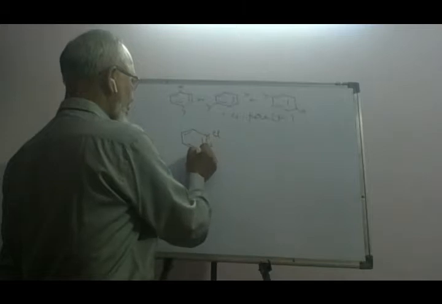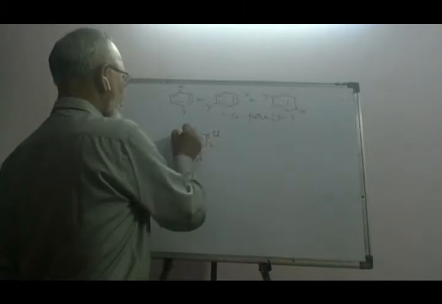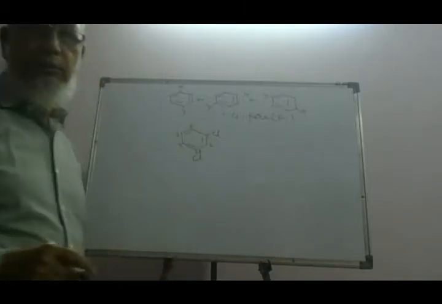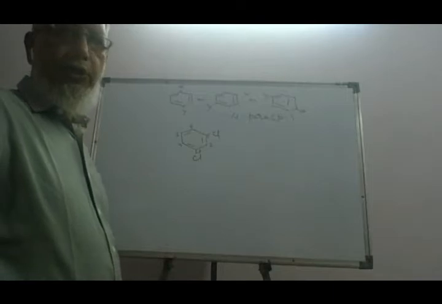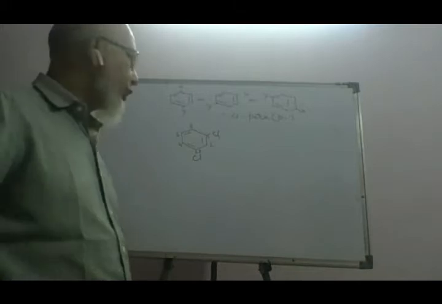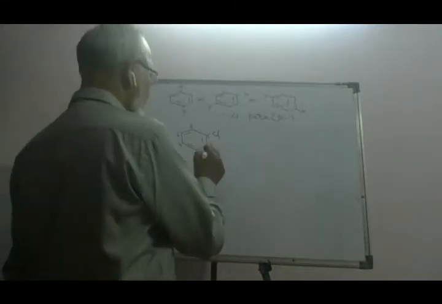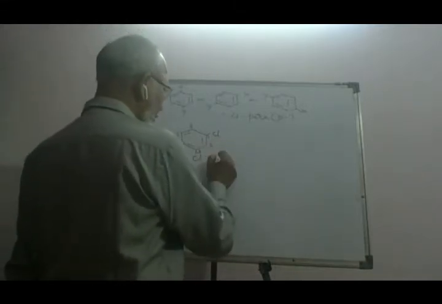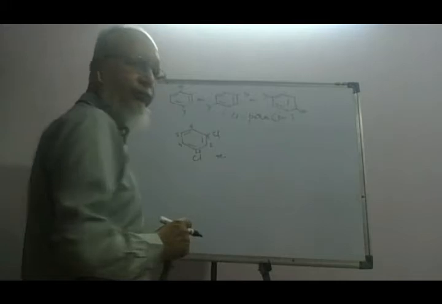If we number it, we find that the 2 groups are at 1,3 position with respect to each other. That is, it will be meta position. So in the common naming system, it will be called as meta.